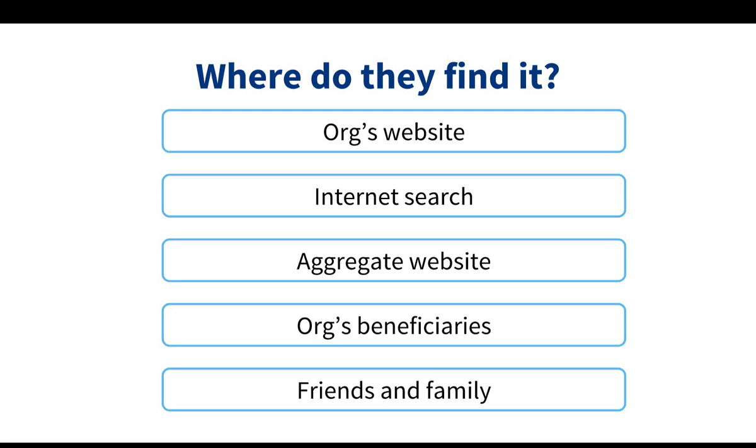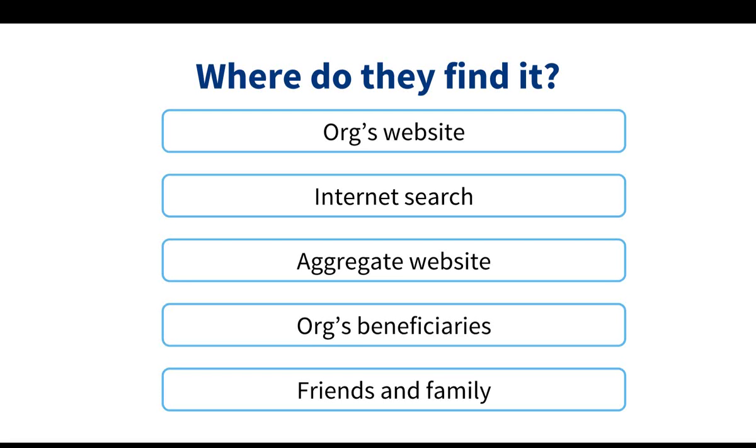The other places that folks go to look are just a general internet search. So, Googling, what is this organization's impact, things like that, and aggregate websites. That's things like guidestar.org or a local cause-based website, something like that. These are places where there's a collection of different nonprofits.